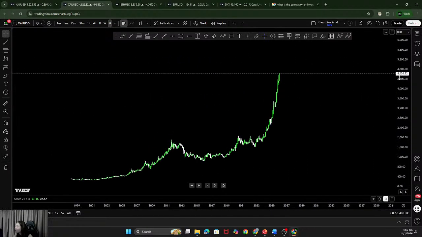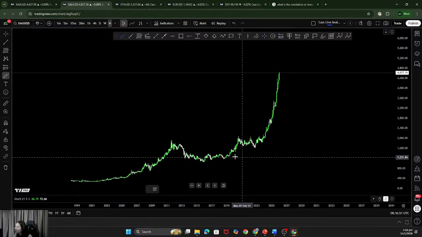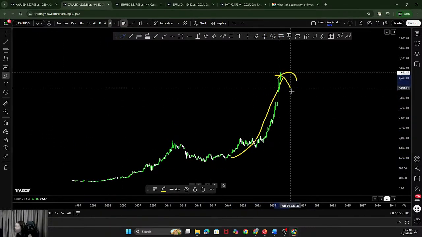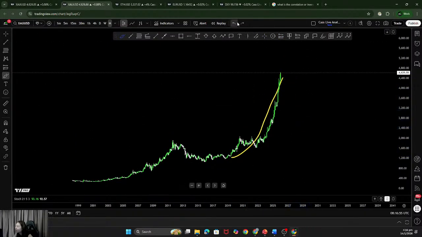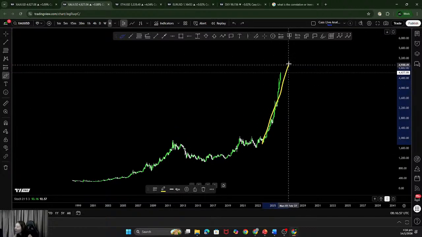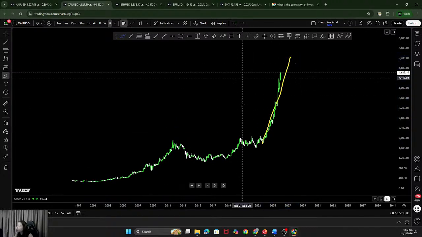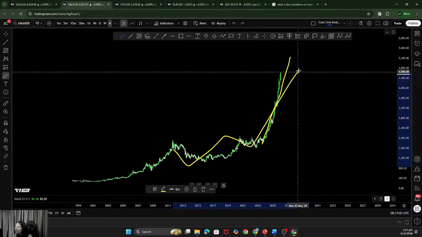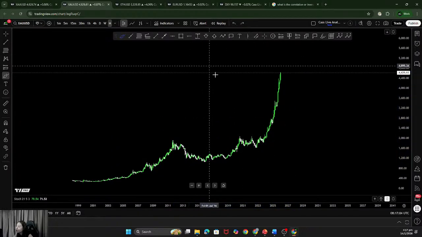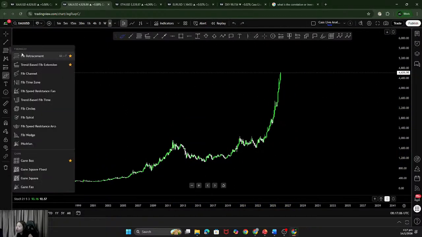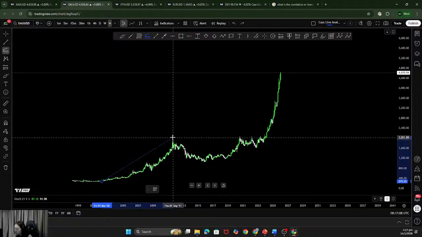So the question is, how much higher is it going to go before it's time to pull back? It cannot just keep going up in a straight line, right? It needs to pull back because price is constantly moving in a zigzag pattern.